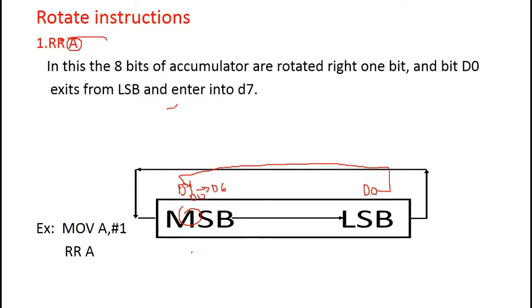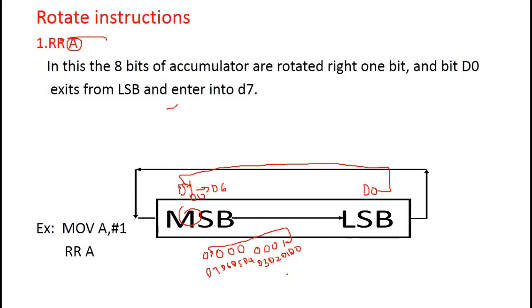Okay, fine. So we'll take one example here, that is MOV A, #1. We are moving the immediate data to the accumulator, that is 0, 0, 0, 0, 0, 0, 0, 1, right. If I write this as D7, D6, D5, D4, D3, D2, D1, D0, rotate right means this LSB will come to this D7.